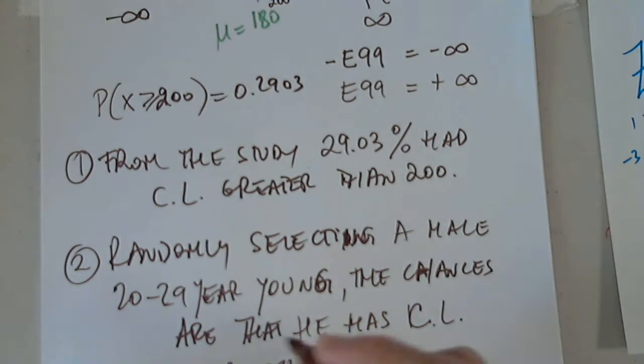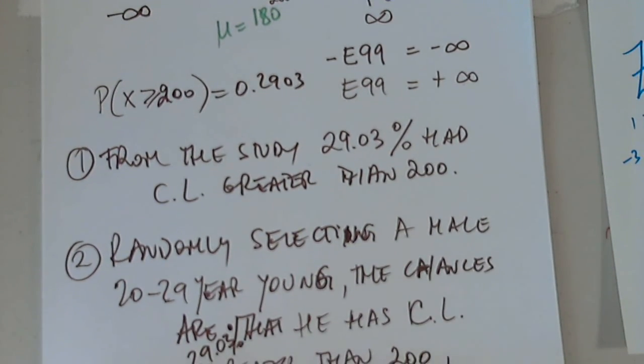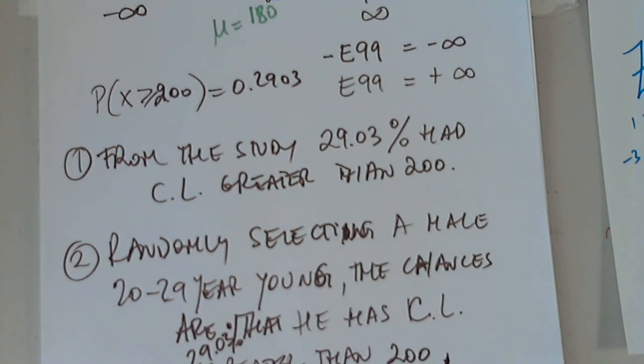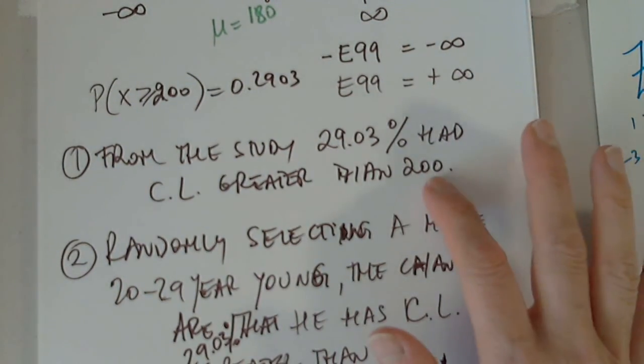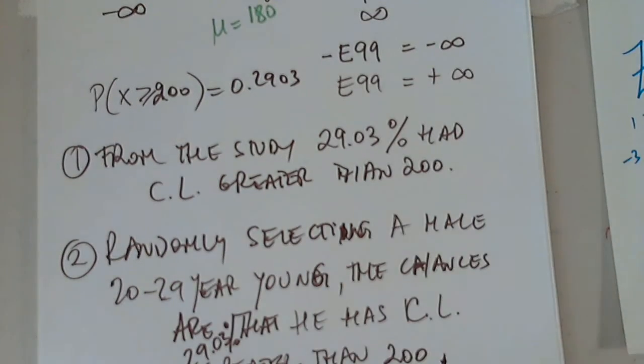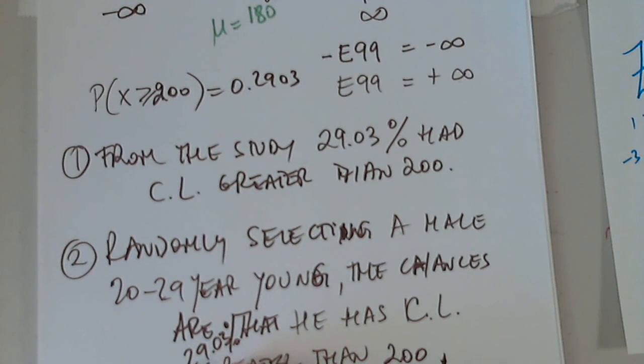The chances are 29.03% that he has cholesterol level greater than 200, full stop. These are the two interpretations. From the study, 29% of all of them had cholesterol level over 200. And if I select randomly a male, that person has 29.03% chance that his cholesterol is higher than 200. These are the two interpretations.